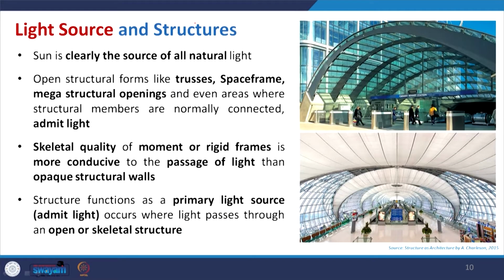Now, coming to the light source and structure, this is very important, and so far whatever I told is all related to the daylight or the natural light, and the source is the sun basically. But in this context, the structure as a source of light refers to the type of structure which will allow direct light penetration, the maximum light it can penetrate.